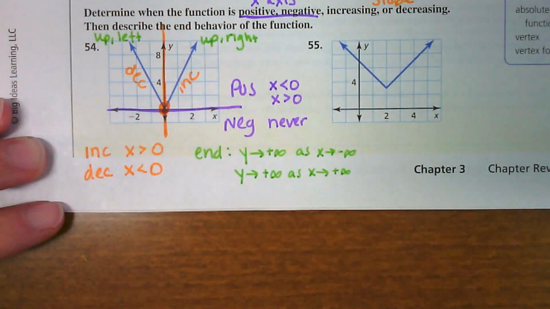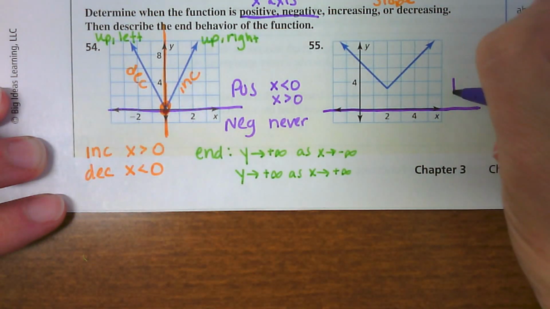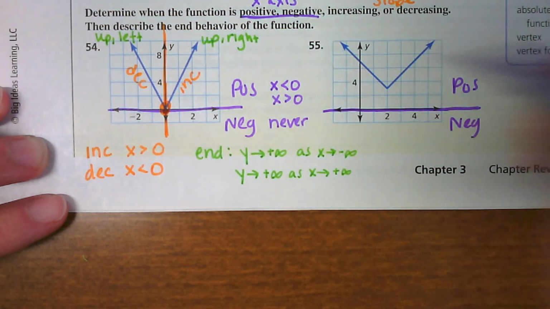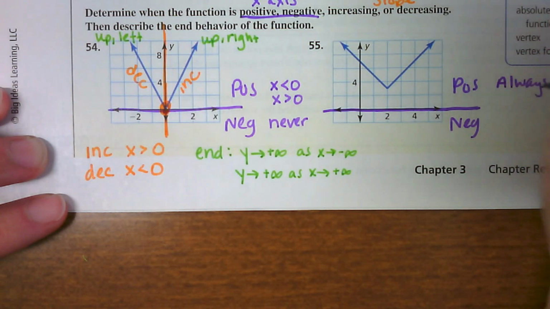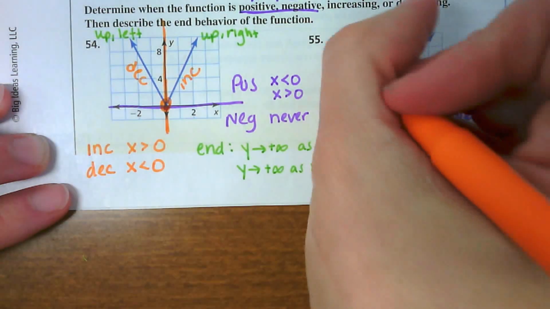Alright, next one. Positive and negative. This is the line we look at. Everything above is positive, everything below it is negative. This graph's always positive, so we're going to say always, and it's never negative. Increasing and decreasing.